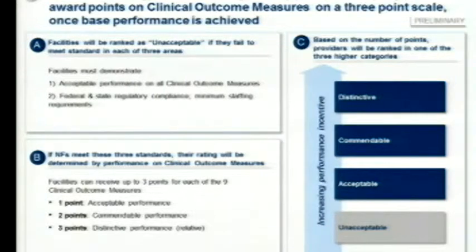We could pick that absolute level by looking at national data and saying, look, at the national level, the best 10, 25, 50% of nursing homes achieve X. And we could say arbitrarily, and if we did it that way, it'd be arbitrary, that's what gets you in the commendable threshold.